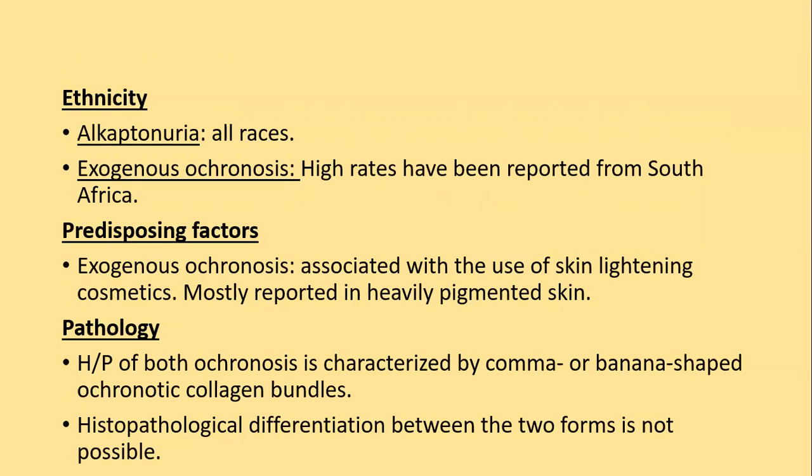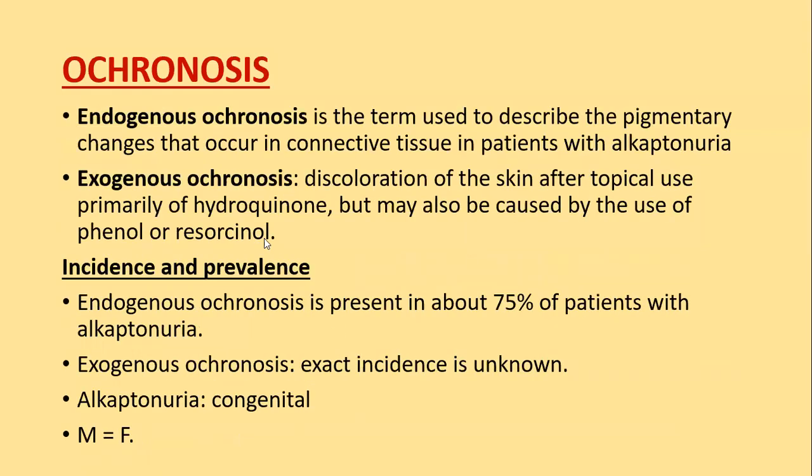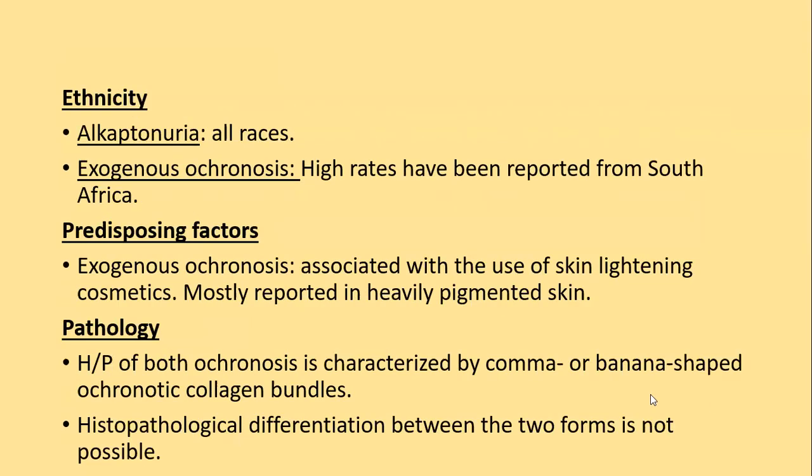So predisposing factors, the exogenous ochronosis is associated by use of skin lightening cosmetics, mostly reported with heavily pigmented skin. So in addition to hydroquinone, phenol and resorcinol containing depigmenting agents are also implicated.